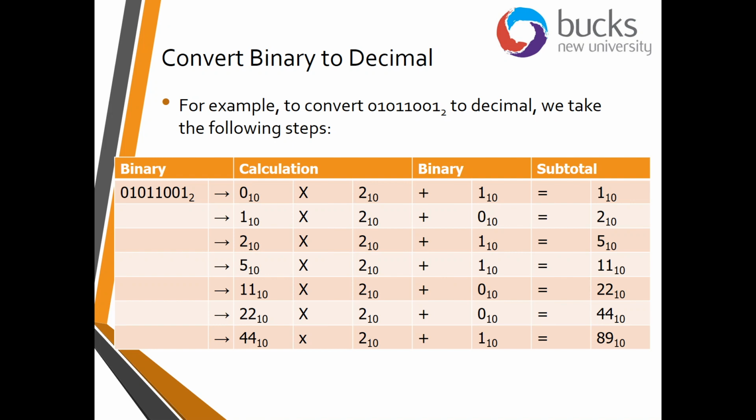That's our subtotal. We bring it down and double that: 1 times 2 plus the next bit, which is 0, leaves us with 2.